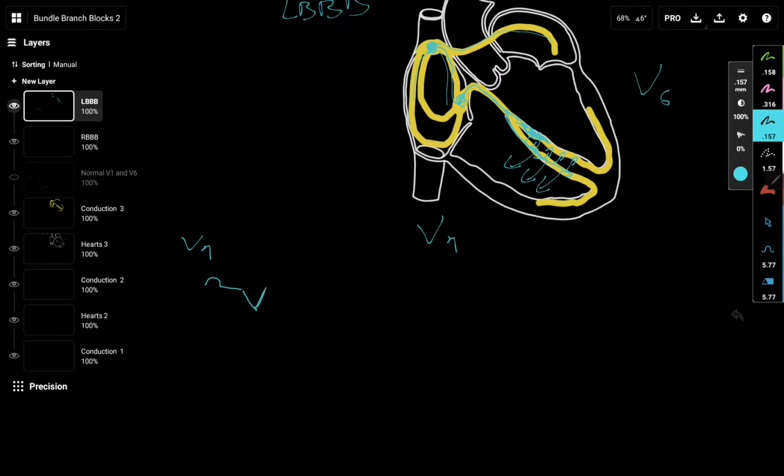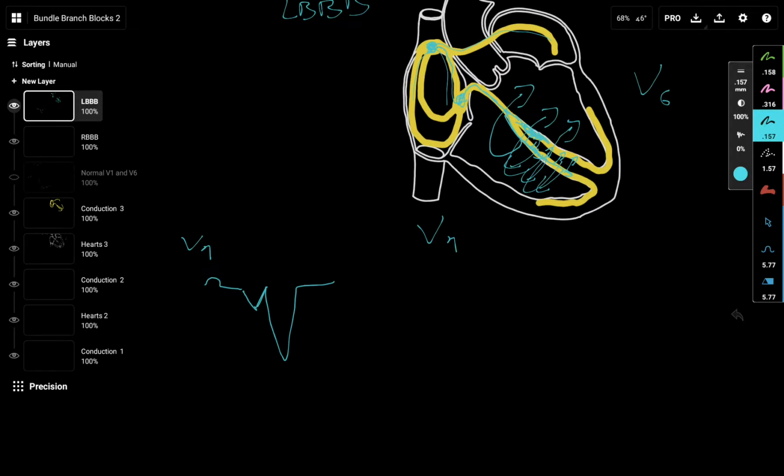Not a huge one though, because my right ventricle is a little bit smaller. And then this action potential is going to travel back through the septum to depolarize my left ventricle. Because the action potential is now traveling away from V1, it's going to give me quite a big negative deflection right there in V1.